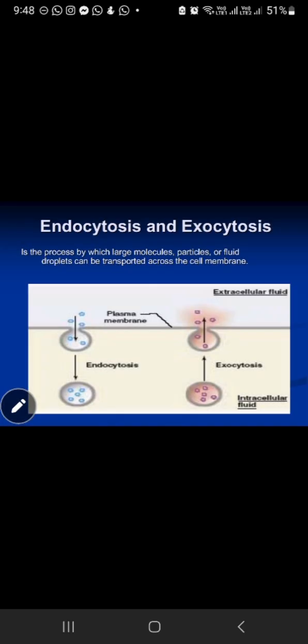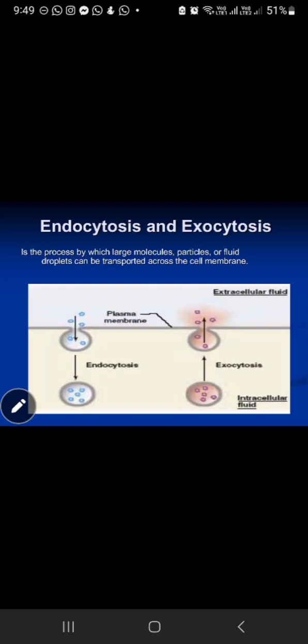Again, to summarize active transport, we have primary and secondary. Secondary can be counter-transport or co-transport. Finally, we have endocytosis and exocytosis. They are transportation processes occurring at the cell membrane that transport large molecules that cannot pass through any channel in the cell membrane.